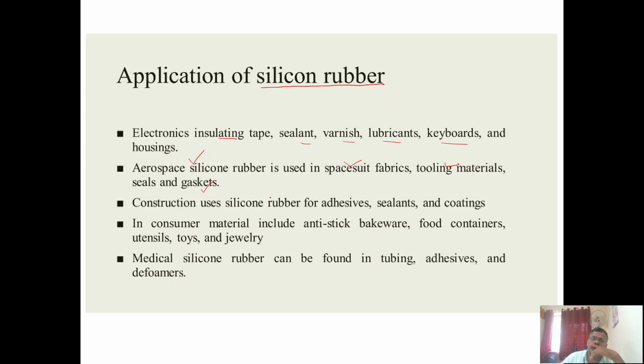Construction uses silicone rubber for adhesives, sealants, and coatings. Consumer materials include anti-stick bakeware, food containers, utensils, toys, and jewelry. Medical silicone rubber can be found in tubing, adhesives, and defoamers.